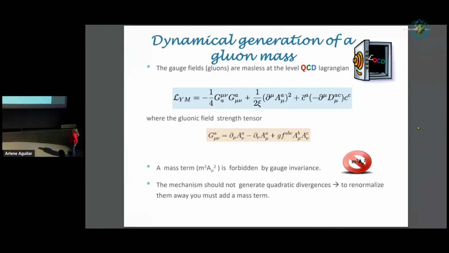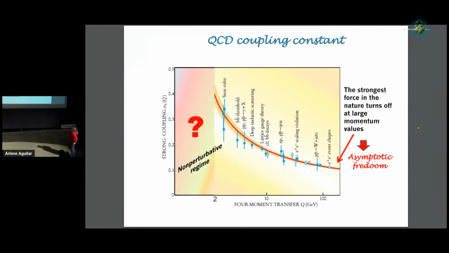So you have to find a way of generating this mass in such a way that the Lagrangian is going to be safe. And the unique way of doing that is through a non-perturbative mechanism. As you know, you have two regimes in QCD.